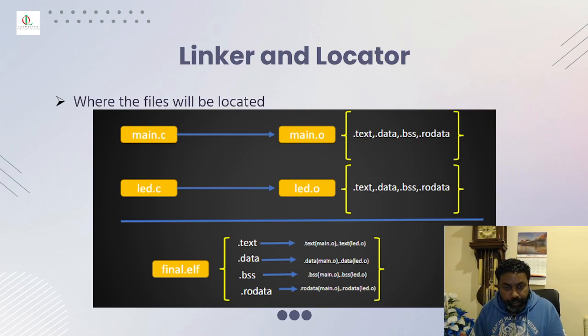You have a separate session to learn about the linker, but I briefly tell you the final .elf is created in the linker stage. The linker maps all the .text sections, gathers them from main.o and led.o, groups them together, and stores them under the same section name inside the memory of the microcontroller. So that's what the linker does.